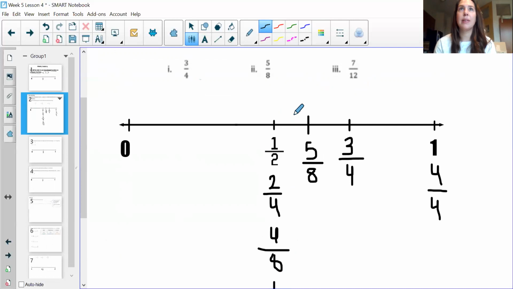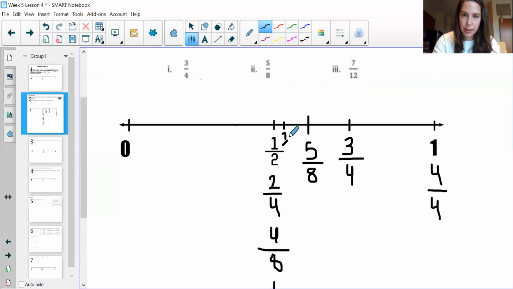If you think about it, imagine you're trying to split a piece of gum between 12 people. The pieces that you're going to get are going to be really small. Whereas if you're splitting it between 4 people, the pieces are going to be a little bit bigger. Still small, but a little bigger than 12ths. So 1/12 away, if this is 6/12, 7/12 is going to be like right there. I'm going to have to write this teeny tiny.